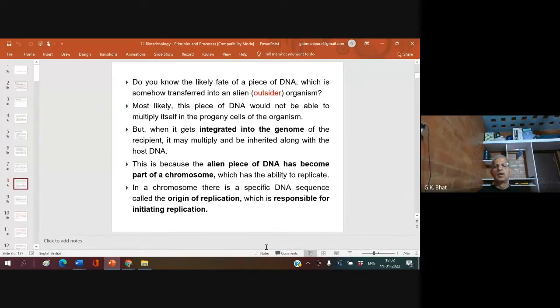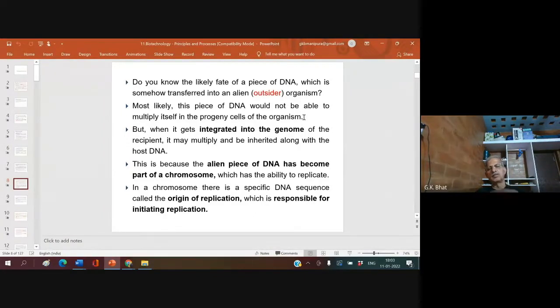If you take a piece of DNA and somehow transfer it from X to Y, it may show some impact in Y, but it will not pass to the offspring of Y. Most likely, this piece of DNA would not be able to multiply itself in the progeny cells of the organism.